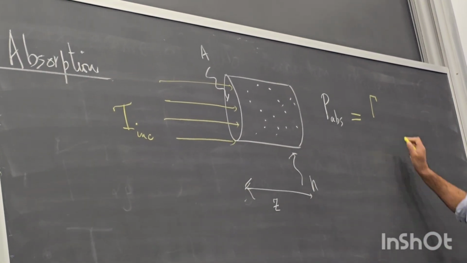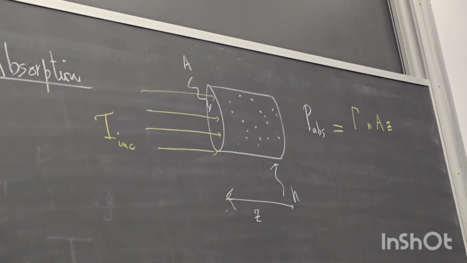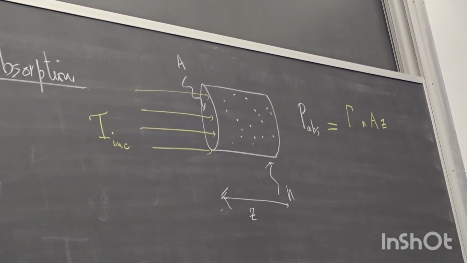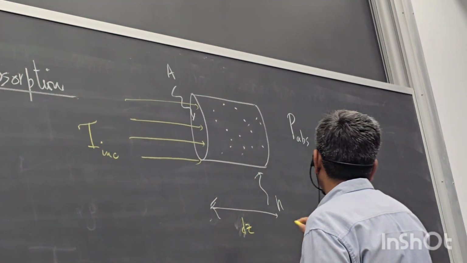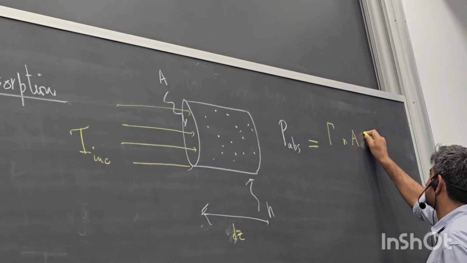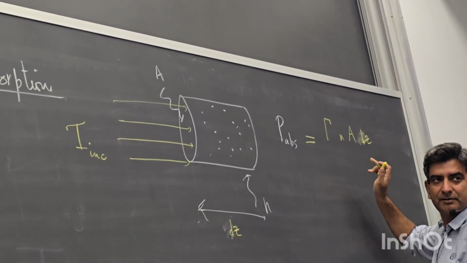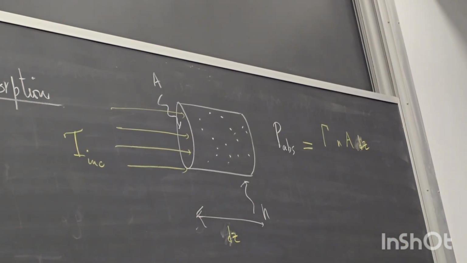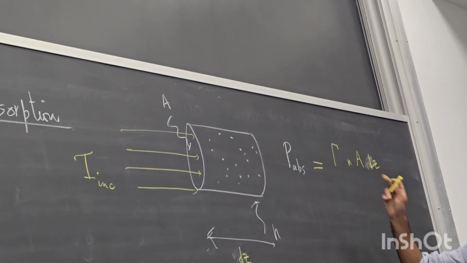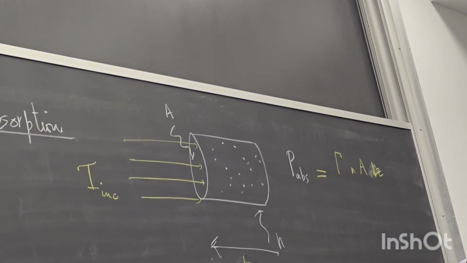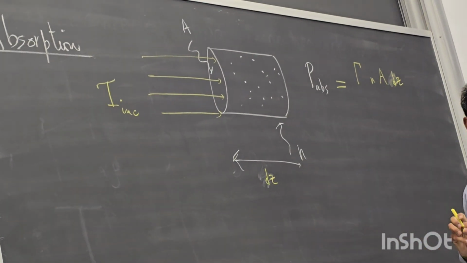And how many atoms are in the system? n A Z. Photon scattering rate: how many photons are scattered per unit time? Times the number of atoms in the system.